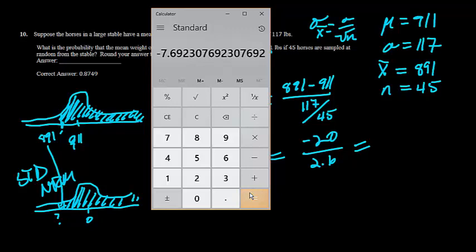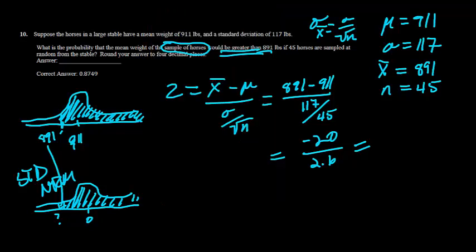We did something wrong here. Yeah, and what we did wrong was we didn't take the square root of 45. So, again, you've got to be careful. You know, even your professors make mistakes.